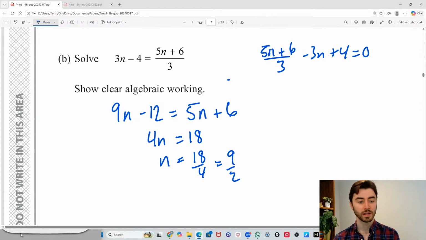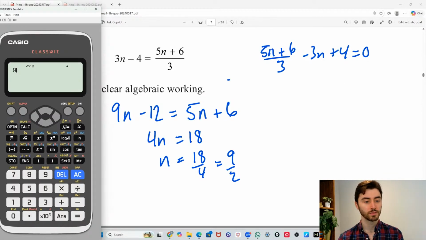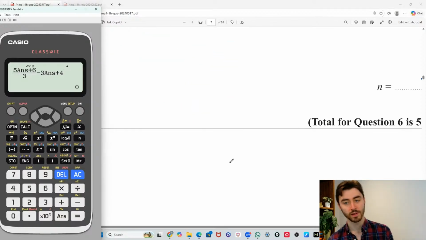And if I plug in my 9 over 2, so 9 divided by 2, I get 5 answer plus 6 all over 3 minus 3 answer plus 4. Do I get a clean 0? Yes, I do. So I know that's correct.